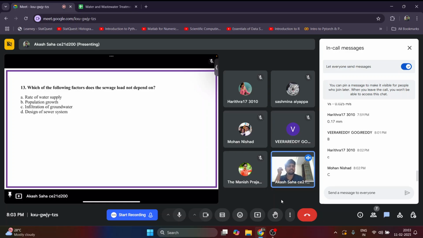Actually the correct answer here will be option D, design of sewer system. If more water supply is there, obviously more sewage is going to come, because around 80 to 85% will turn out to be sewage. If the population is increased, obviously the water use has to be increased, and then the sewage load will increase. So it also depends on that.